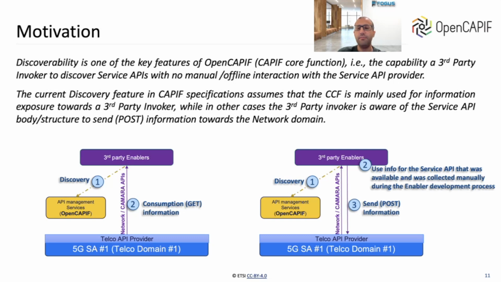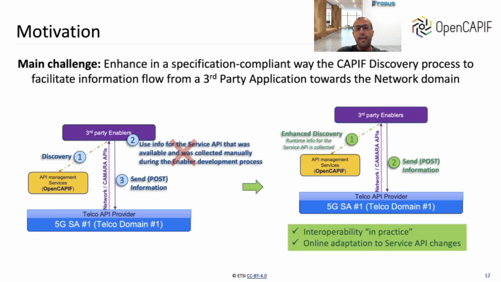So there is an intermediate step, depicted here on the right-hand side as step 2, that the invoker has to do. Get all the information either from the CAPIF or the external sources, and then access the API that was discovered from the CAPIF.